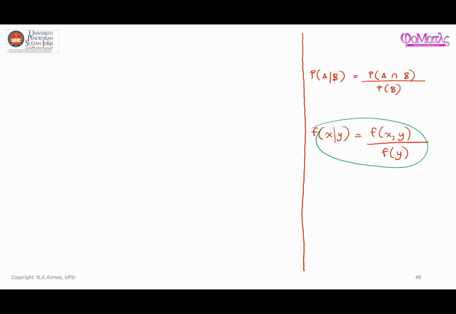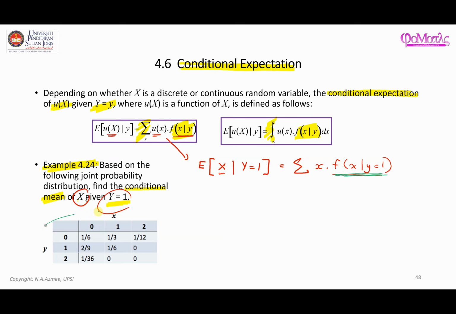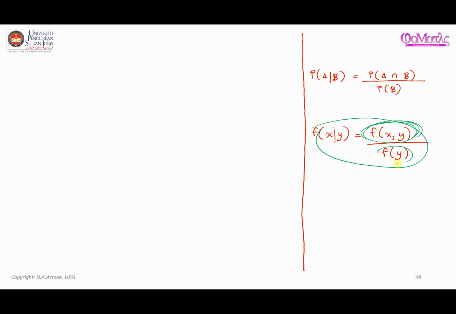You can see clearly that this part here is already given by this table right here. So we're going to make use of the table given here. The bottom part has to do with finding the marginal distribution at y equals 1.